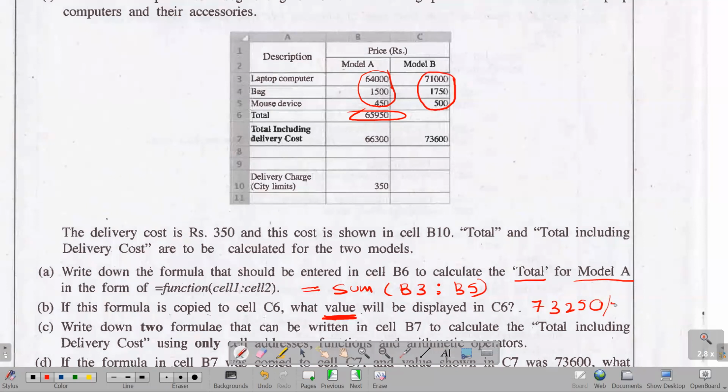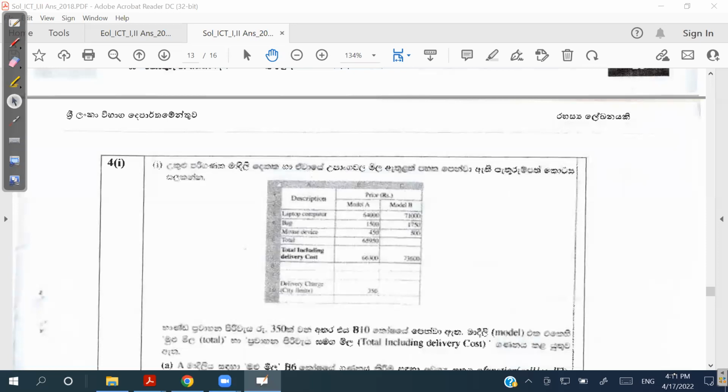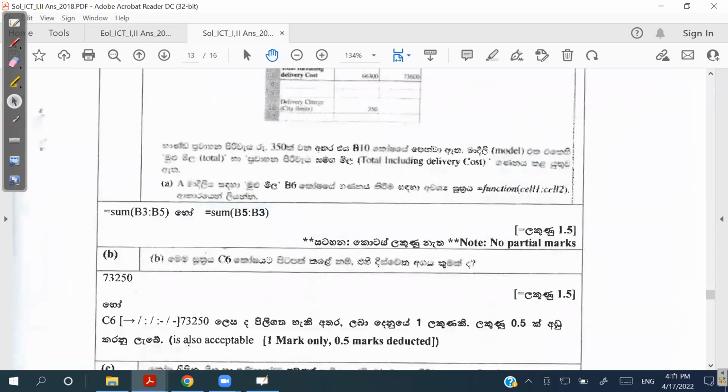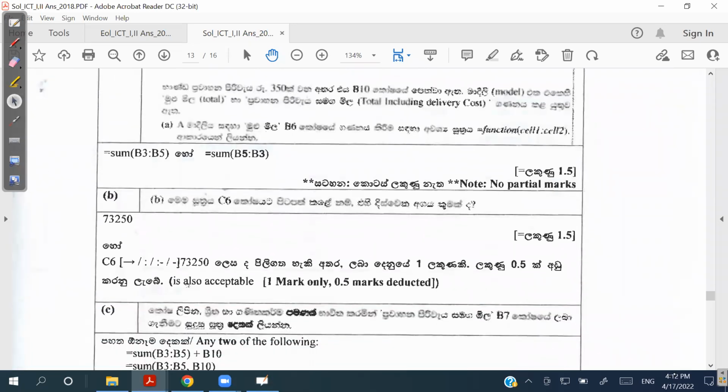All right. So the value is going to be 73,250. That's all, right? Don't put any other symbols or any other things. So 73,250 is going to be the answer. So 1.5 can be taken.